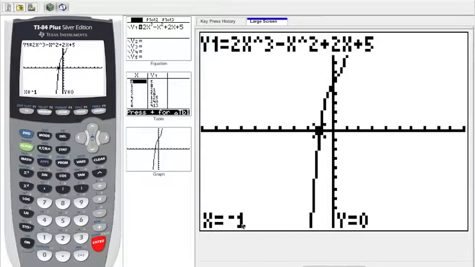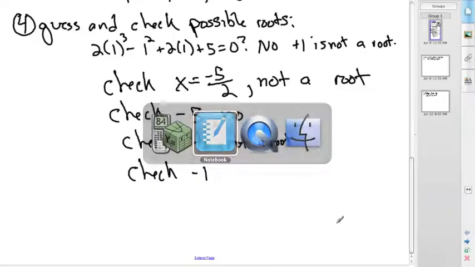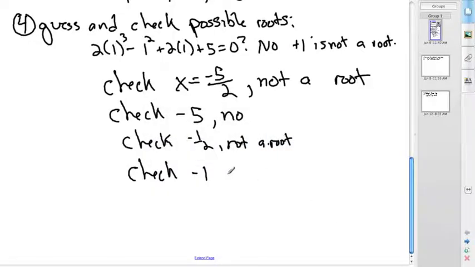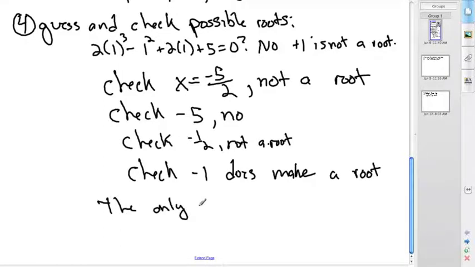So this is our only rational root, negative 1. So negative 1 does make a root. So the only rational root is negative 1.